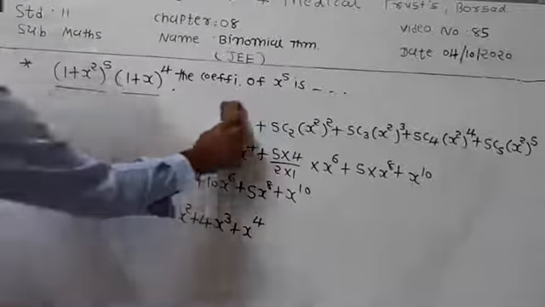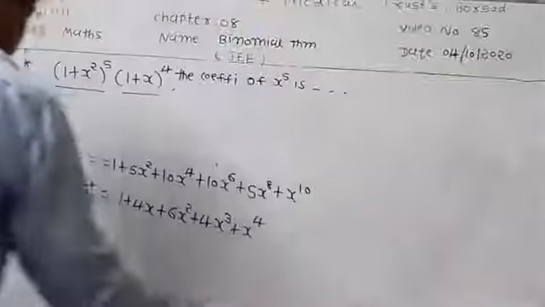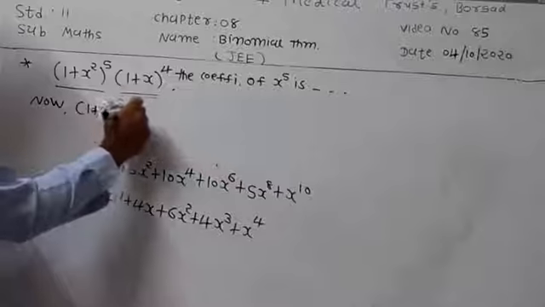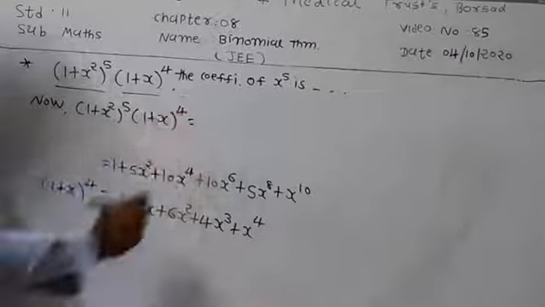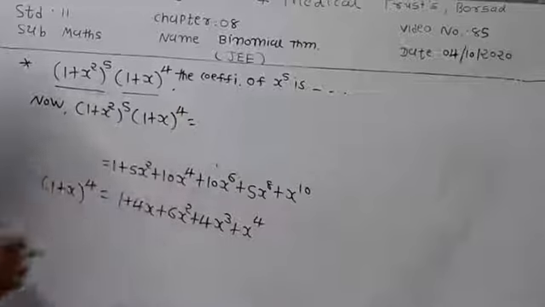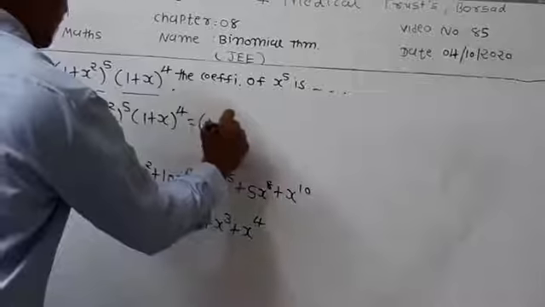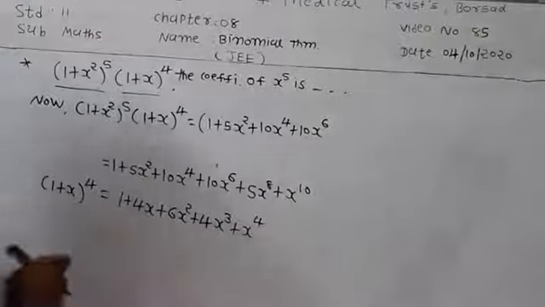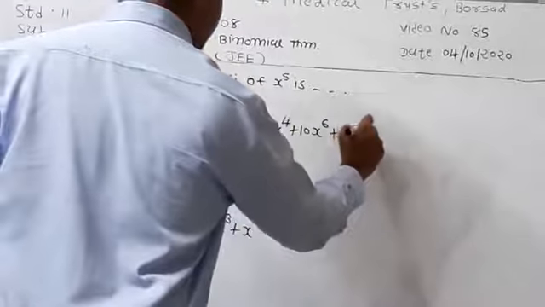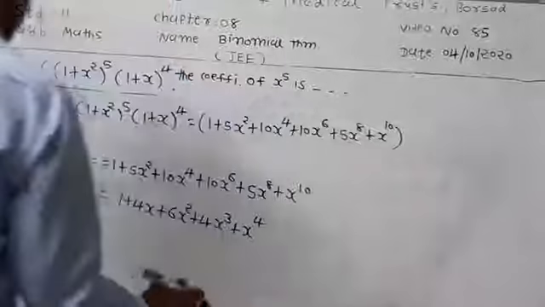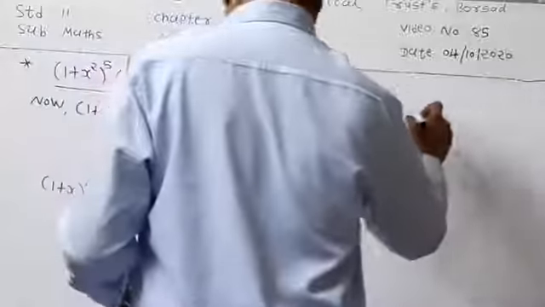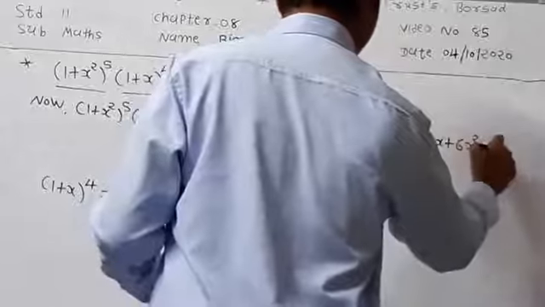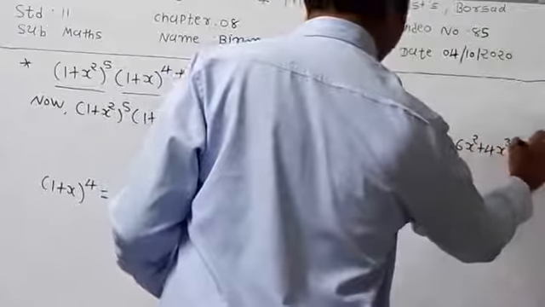So now write (1 plus x square) raised to 5 times (1 plus x) raised to 4 is equal to (1 plus x square) raised to 5 replaced by 1 plus 5x square plus 10x raised to 4 plus 10x raised to 6 plus 5x raised to 8 plus x raised to 10, and in the bracket here write 1 plus 4x plus 6x square plus 4x cube plus x raised to 4.